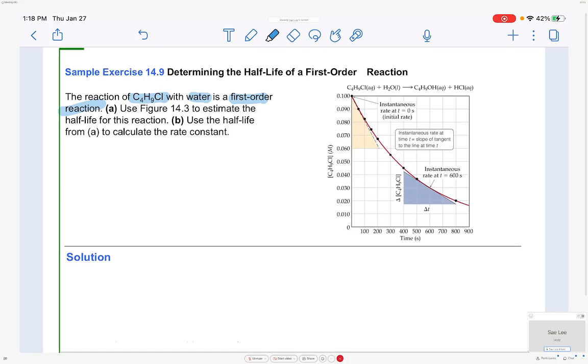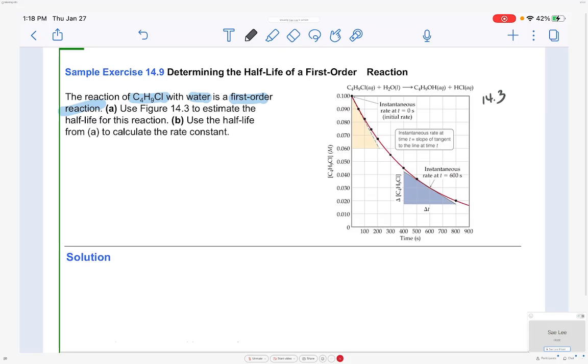Use figure 14.3 to estimate the half-life for this reaction. Question B is asking us to use the half-life from A to calculate the rate constant.